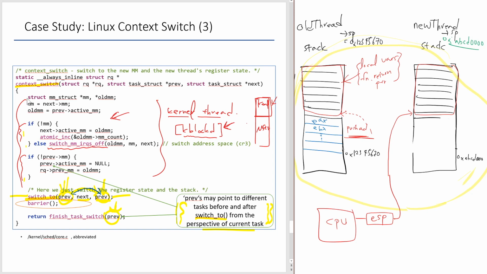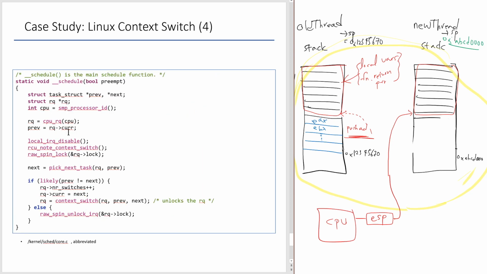All right, we took a look at this context switch code, and let's take a look at the code that calls it. One prominent example is the scheduler. This is a very simple function, returns nothing, and you can ignore this preempt parameter. What it does is it first picks the run queue that's associated with this particular CPU.